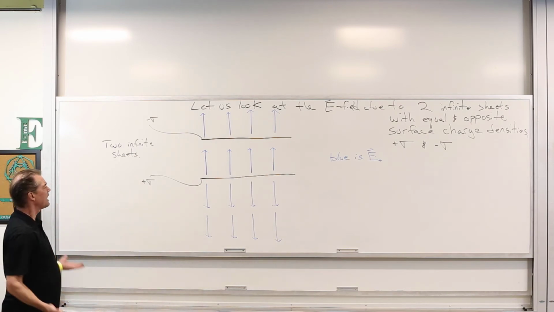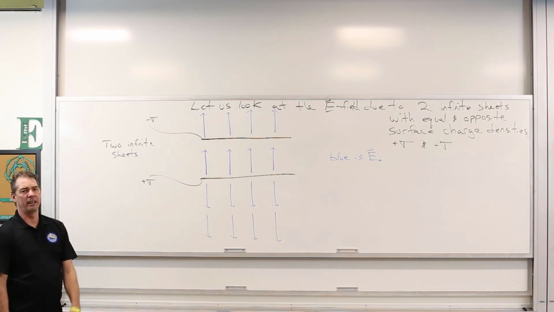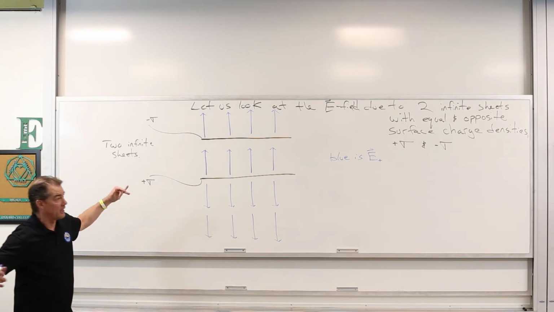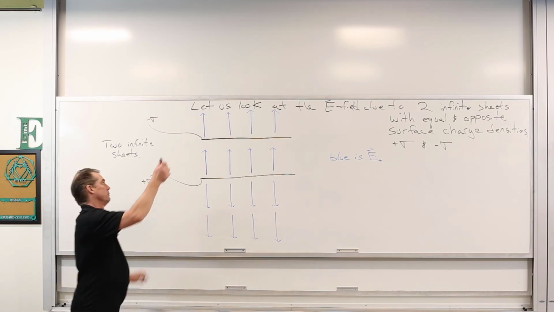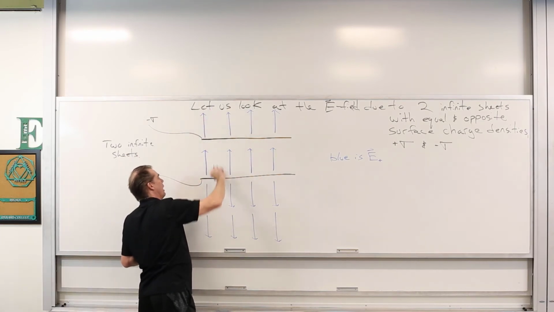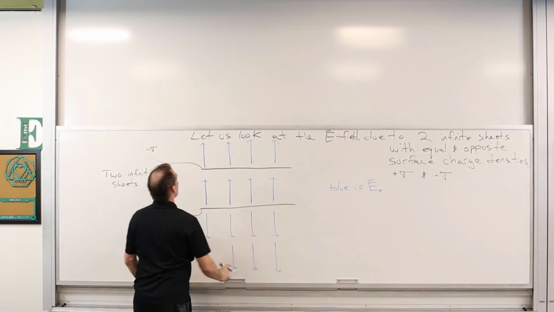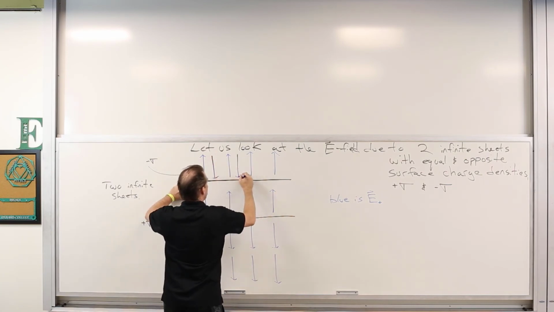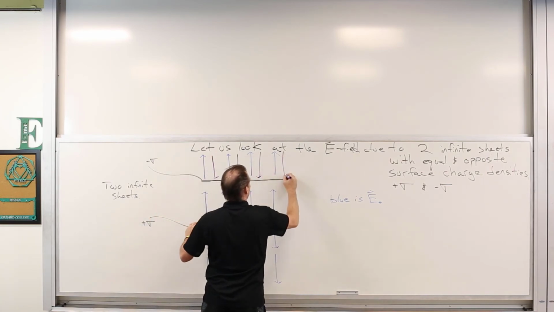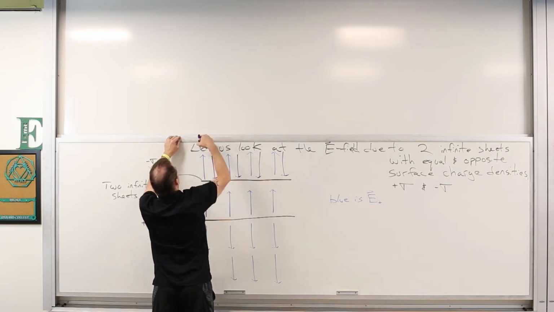So then what about the negative sheet? Well, things are inward towards it. The direction of the electric field points down towards it if it's above, or up towards it if it's below. So we've got the electric field here. It's going to be down, down, down, and it would be like that here too.